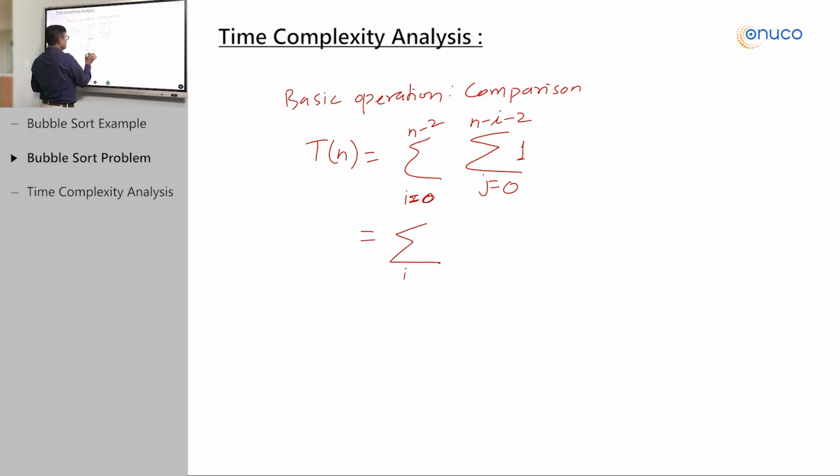We are going to write j is equal to 0 to n minus 2. Upper limit minus lower limit plus 1. We have discussed this in non-recursive algorithms: upper limit minus lower limit plus 1. So how to do that? n minus i minus 2, upper limit minus lower limit is 0, plus 1.